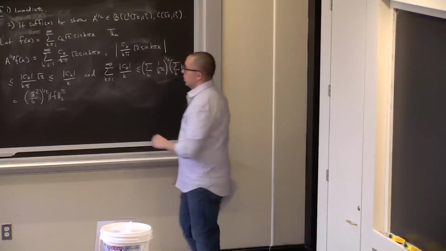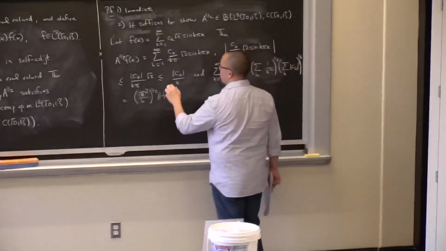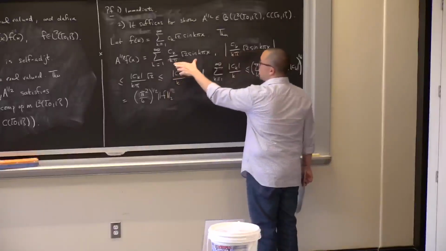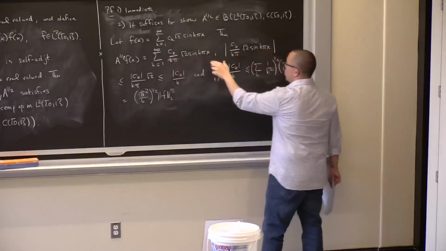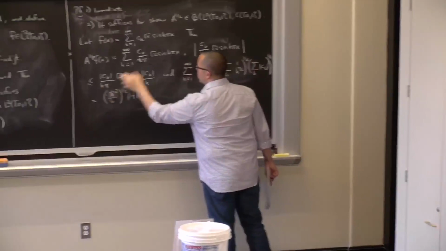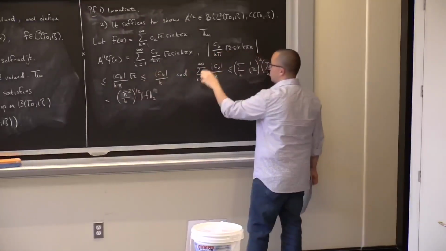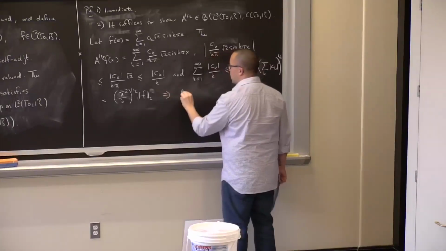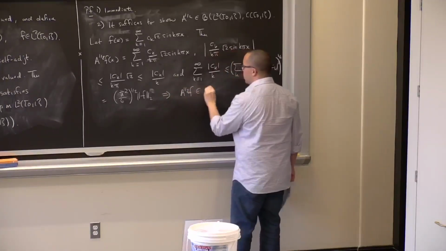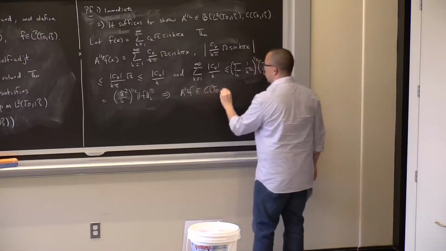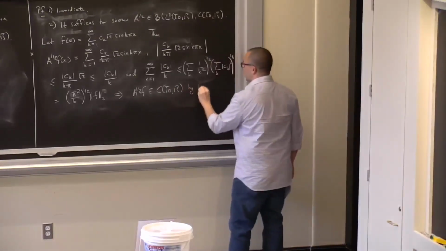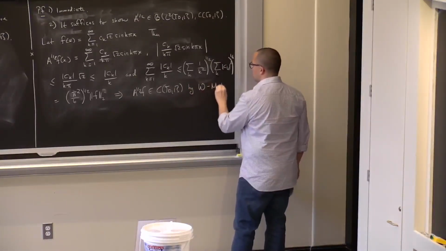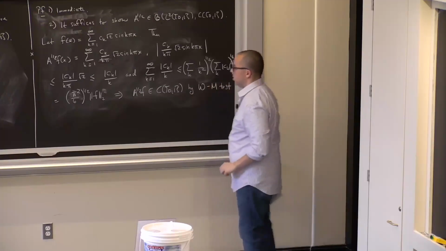Okay, so each of these continuous functions in this infinite sum is bounded by a constant, and those constants are summable by this computation. Thus, that implies that a to the 1/2 f is a continuous function by the Weierstrass M test.